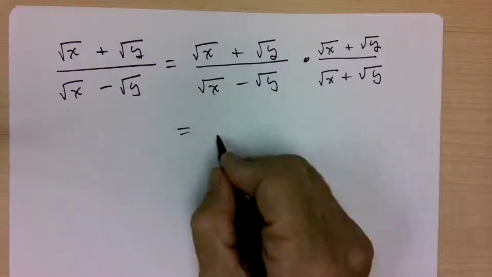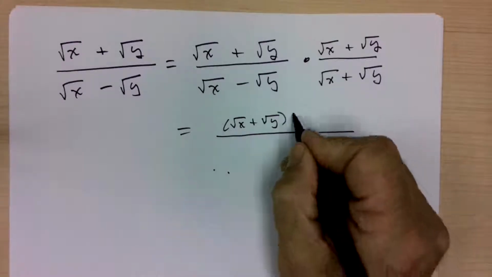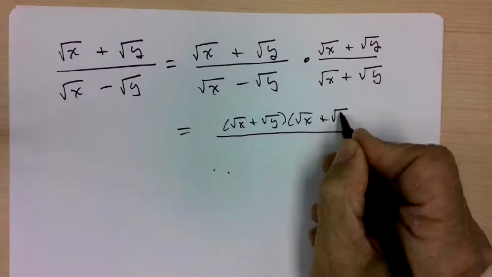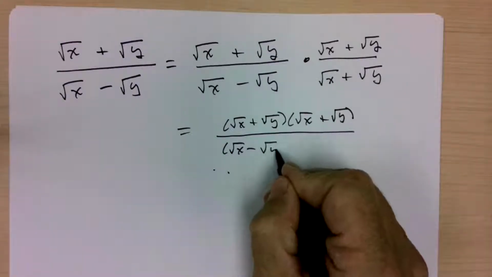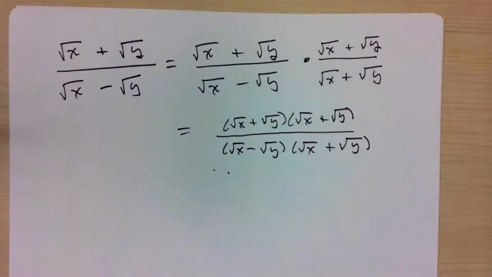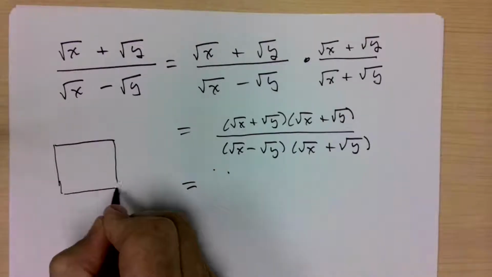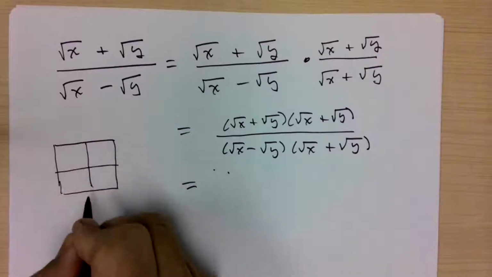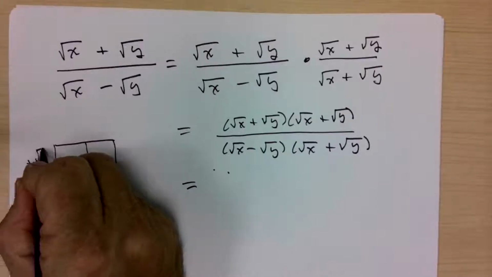So again, on top, we're going to have root x plus root y times root x plus root y. On the bottom, we have root x minus root y times root x plus root y. So these need to be multiplied. Let's quickly do that on top.